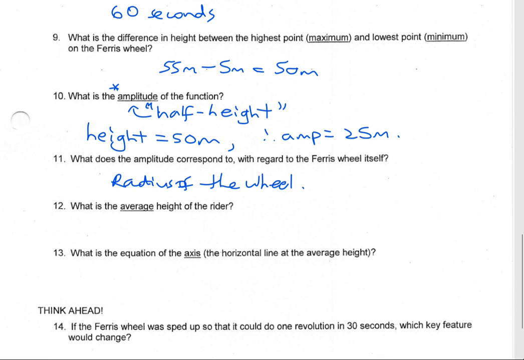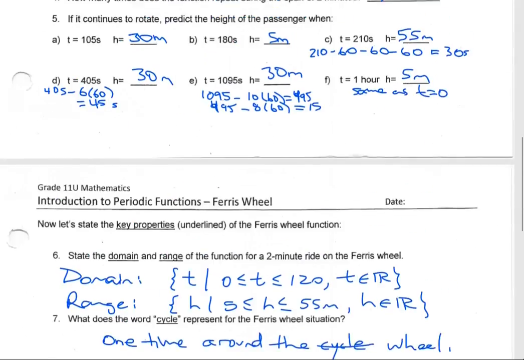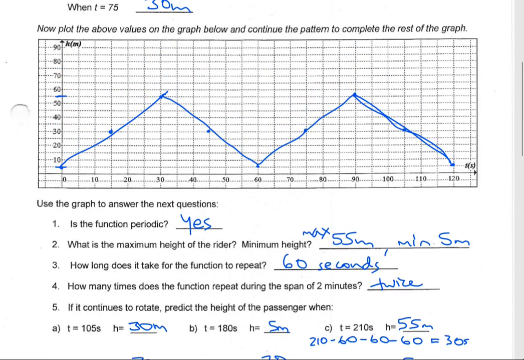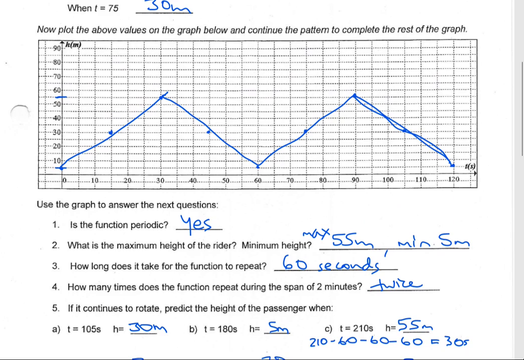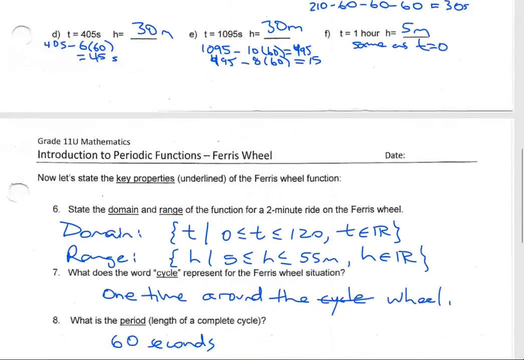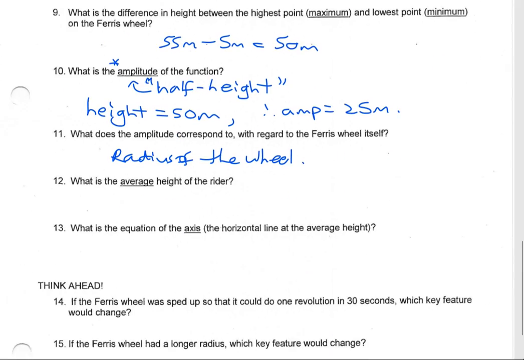What is the average height of the rider? Well, the lowest is 5 meters. The highest is 55 meters. So what's in the middle? So the average is going to be, I'll take the max plus the min, and I'm going to divide them by 2, right?